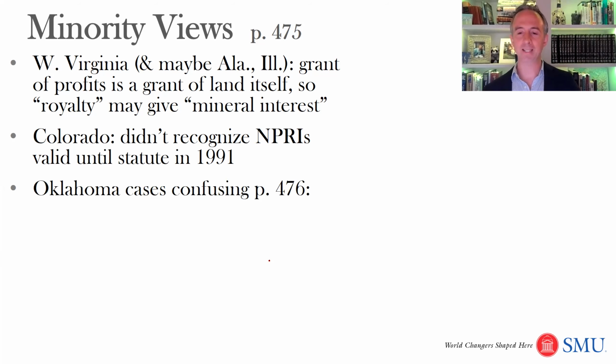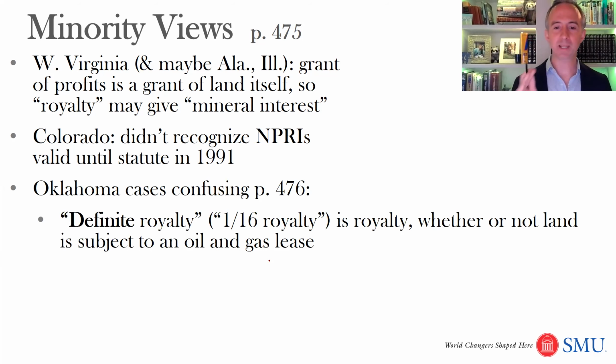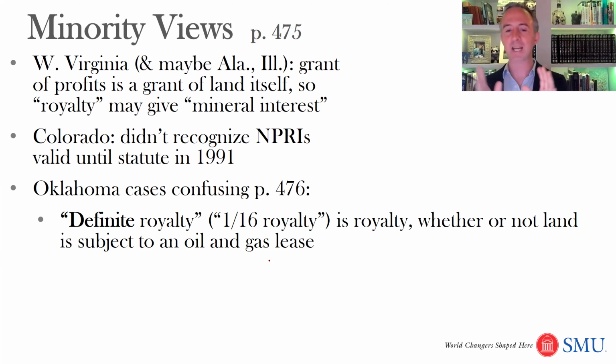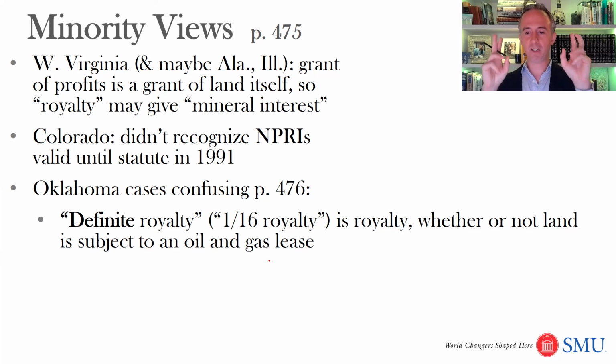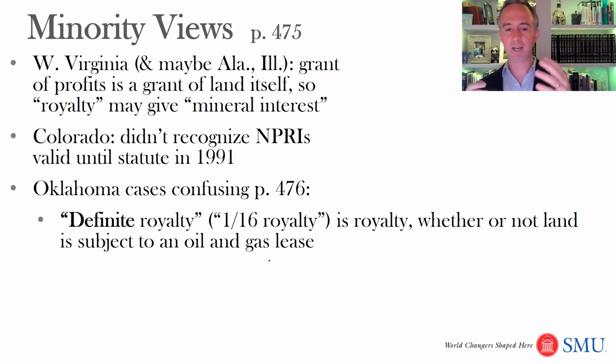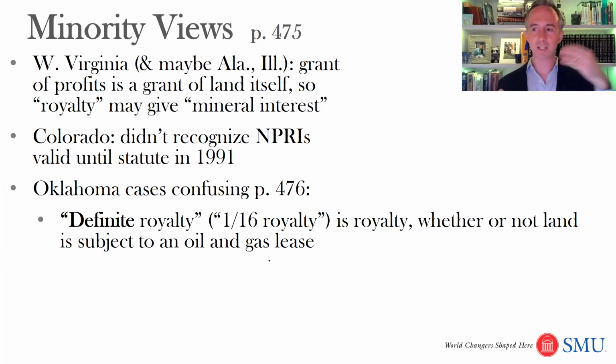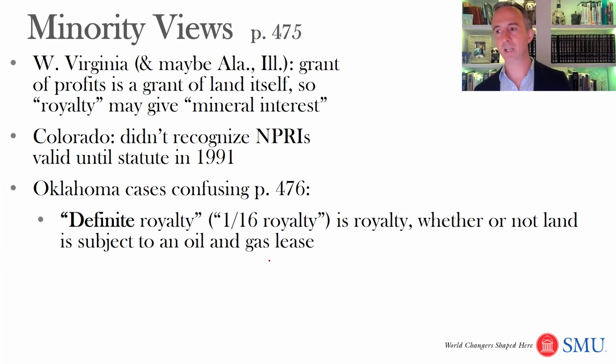Now, the Oklahoma cases are confusing. Basically, they use kind of precise language. One says, do we have a definite royalty? A definite royalty is like what we had in that McSwine case, where it's just a 1/16th royalty and doesn't have anything to do with whether the land has an oil and gas lease. That just says I get a certain percentage of all production, like the 2.5%.